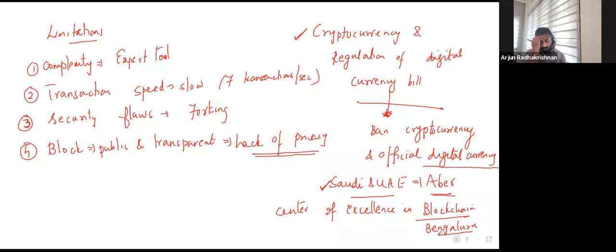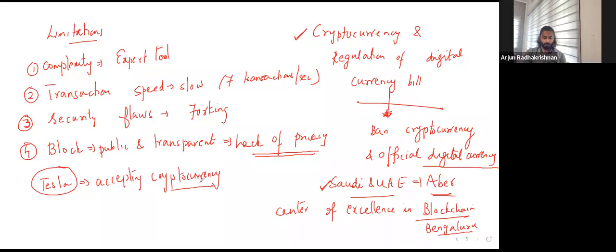More people have started accepting cryptocurrency, like Tesla, the Elon Musk company producing electric cars, etc. Tesla is now accepting cryptocurrency; you can buy things from Tesla in cryptocurrency.